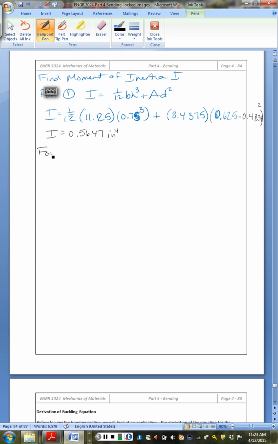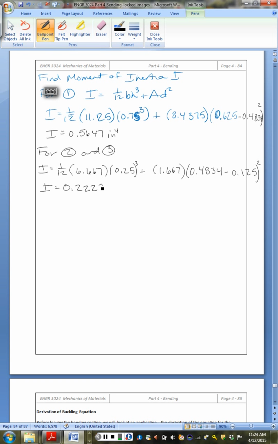Then for the support beams, again, those will be the same. 1/12, again using the transformed geometry, which is 6.667 in the base direction and 1/4 of an inch in the height, and the area of 1.667, and then the separation distance between the centroid of the composite structure and the centroid of the support beam, and that ends up being 0.2228.